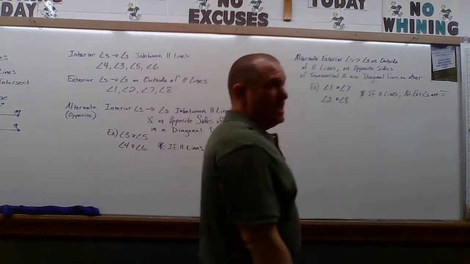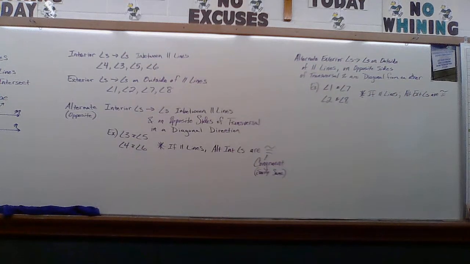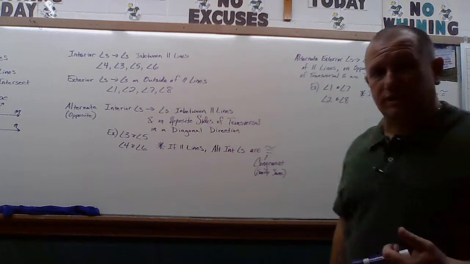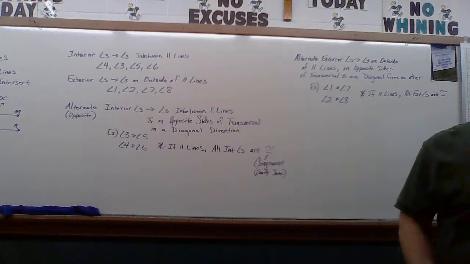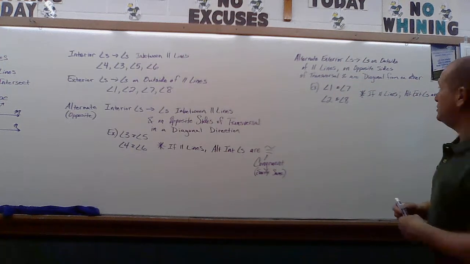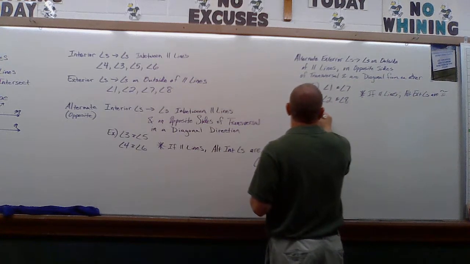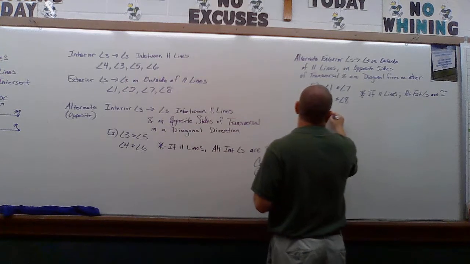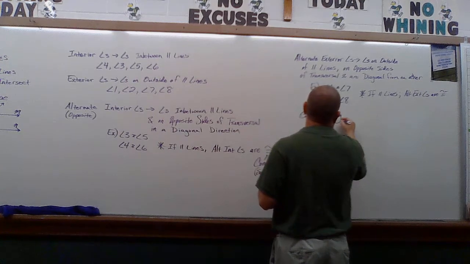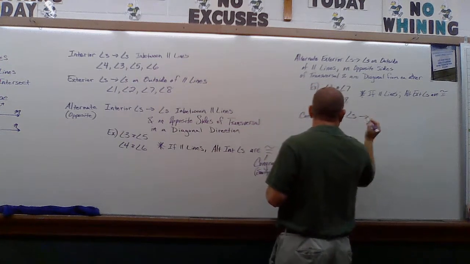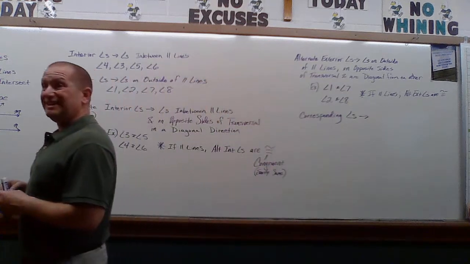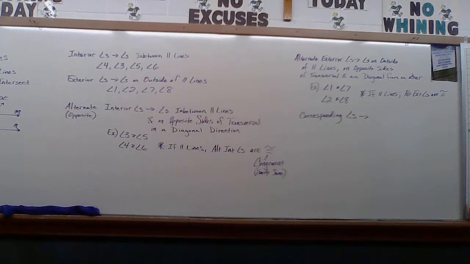Okay, so when we look at this, we look at the numbers and we see what they're asking us. Last vocabulary word for this are corresponding angles. What's the word corresponding mean in general? Work together. Okay, work together like that. Anything else?